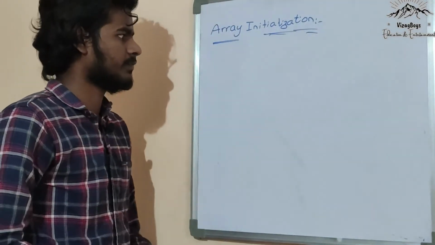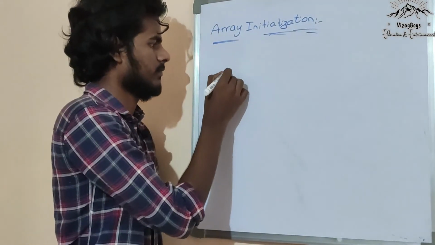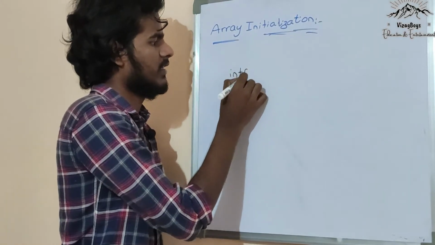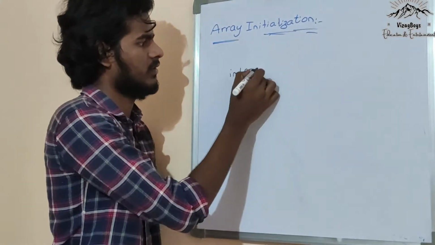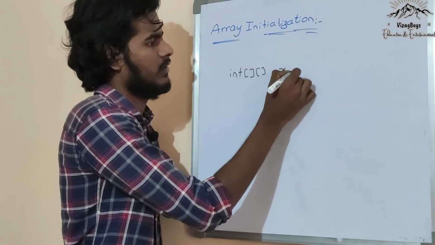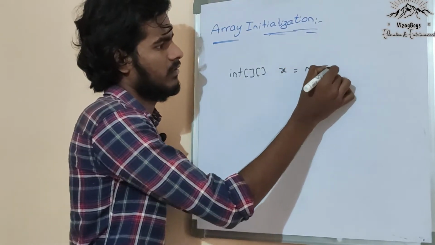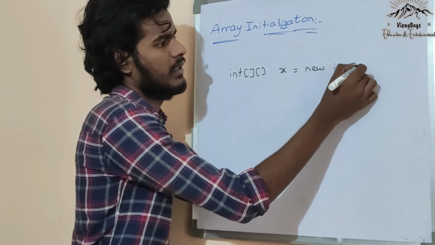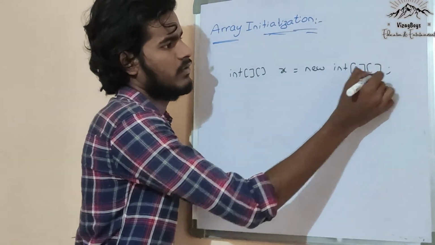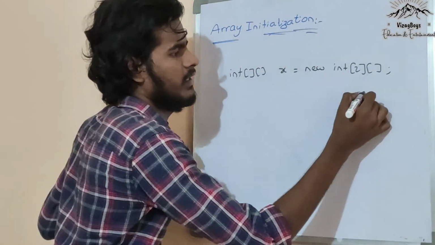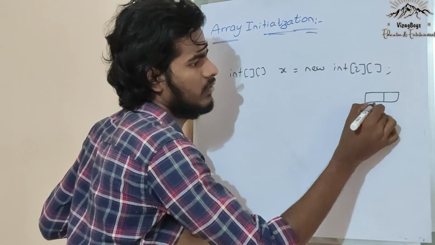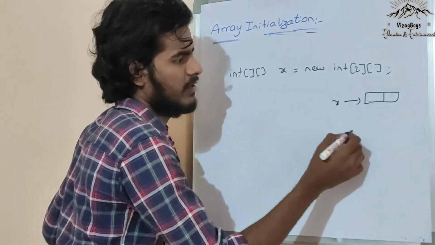Listen carefully. int x[][] = new int[2][]; no second size, only the base size is 2. X is the reference variable.